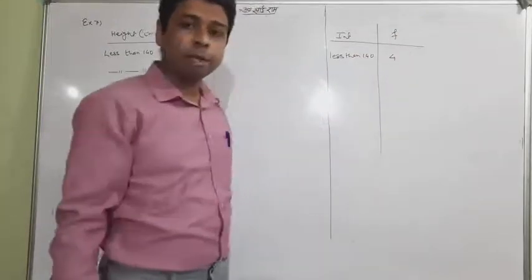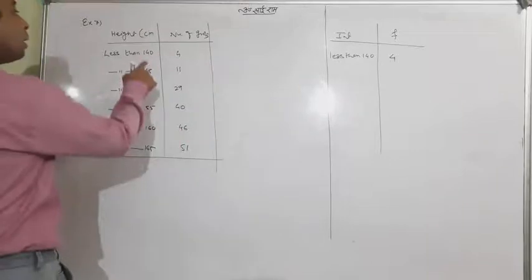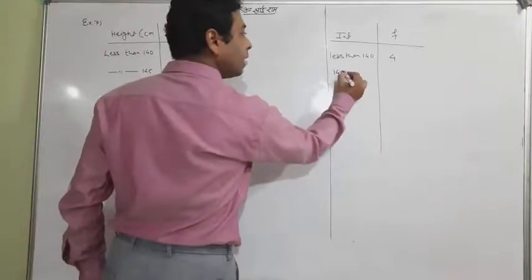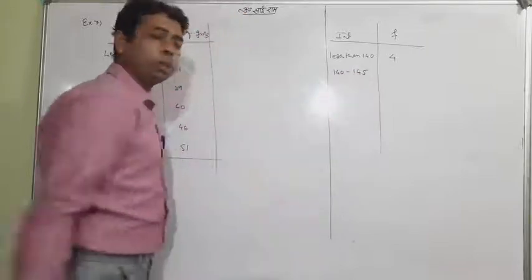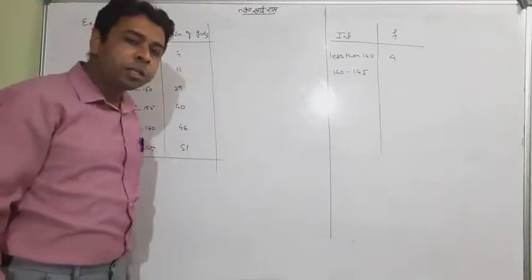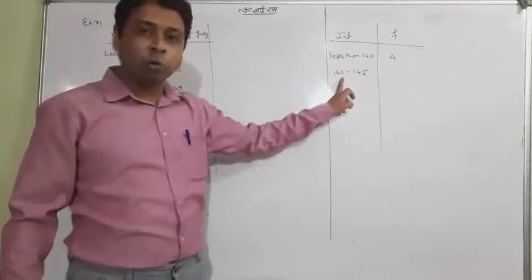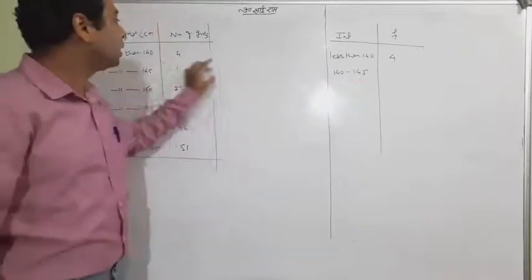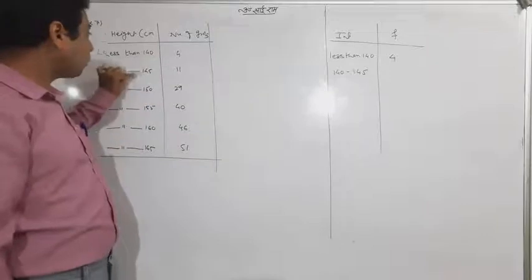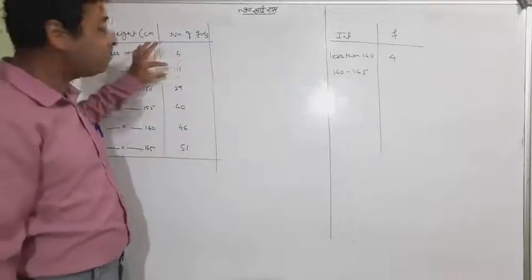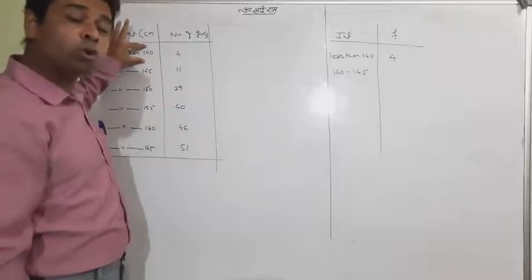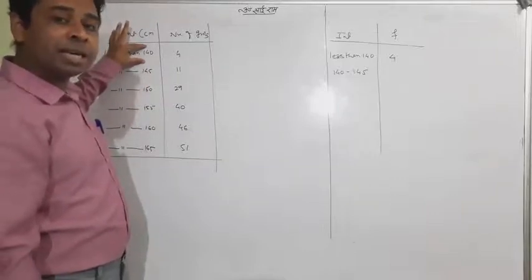This is very simple. But what about 140 to 145? One should understand that 140 to 145 means we will only count those girls having height between 140 to 145. This is not 11, because less than 145 is completely 11, and it also contains those elements lying here.